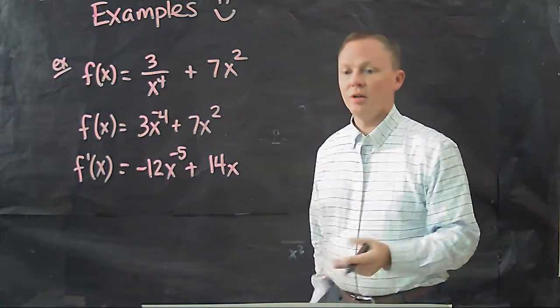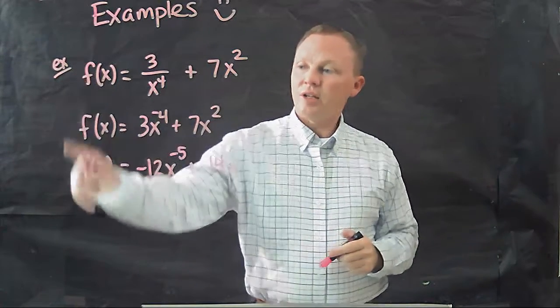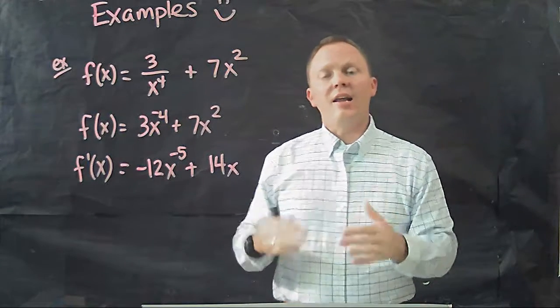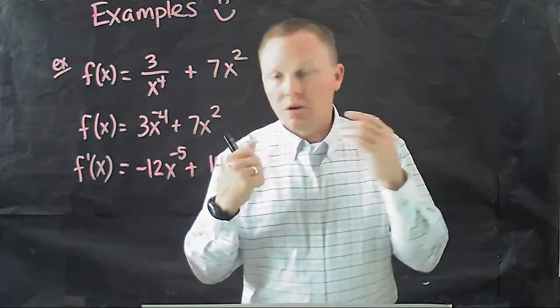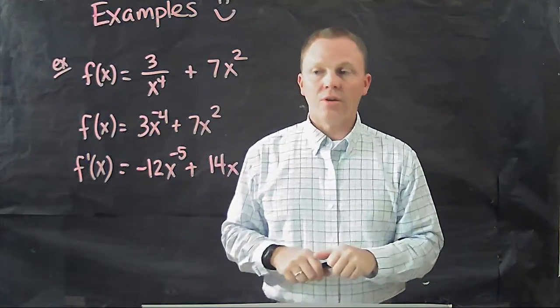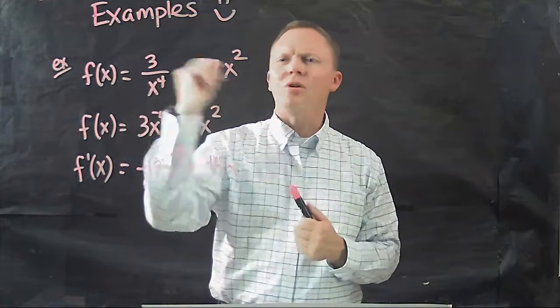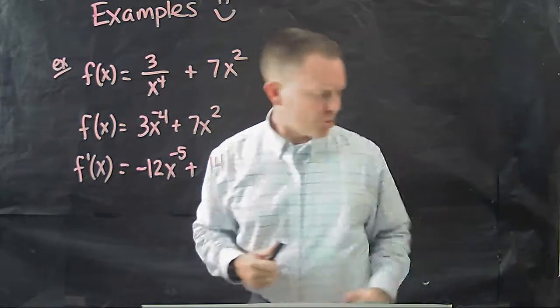Boom, that one's done. So the derivative of this function is equal to this. This is the answer we would get if we did the limit of f of x plus h minus f of x over h as h goes to 0. But we don't want to do all that algebra and all that limiting stuff. I mean, that's terrible. It's what you do to torture people with.